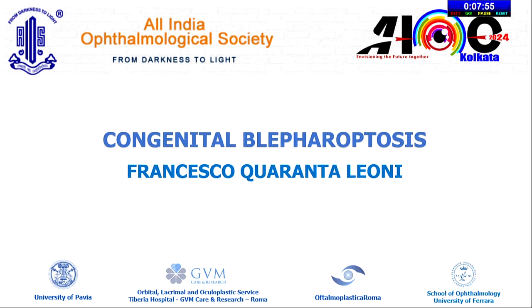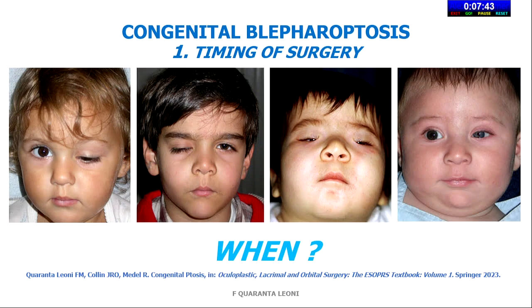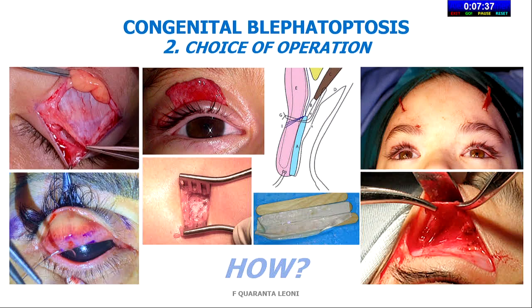So my talk is on congenital blepharoptosis, and we all know there are lots of controversies on congenital ptosis, so I'll try to focus on the 5 most important ones. First, the timing of surgery: when do we operate on these children? Second, the choice of operation: is there a best operation for any of these children?